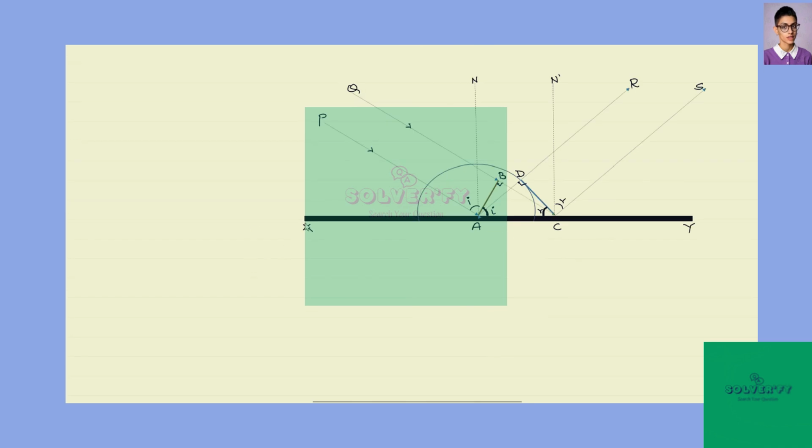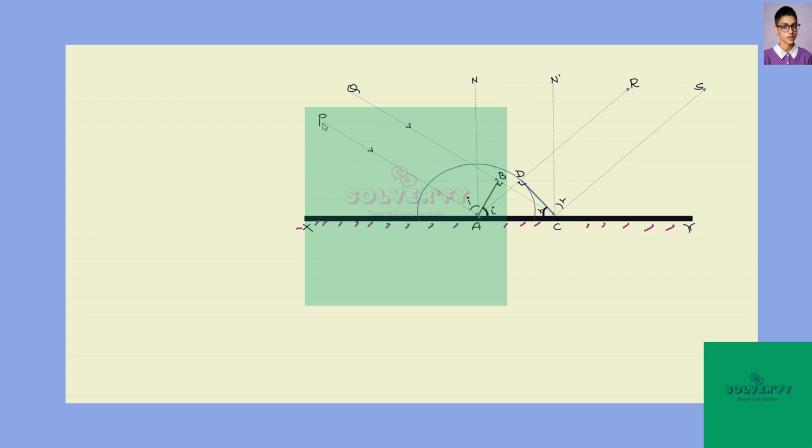So this is Huygens principle, and now based on it we are going to prove the law of reflection, that is i is equal to r. For this, let us consider a plane reflecting surface XY.